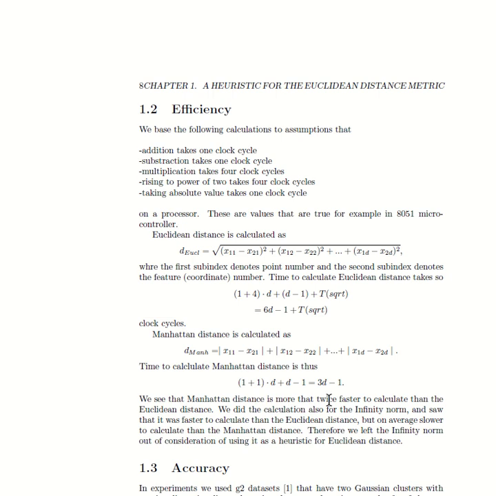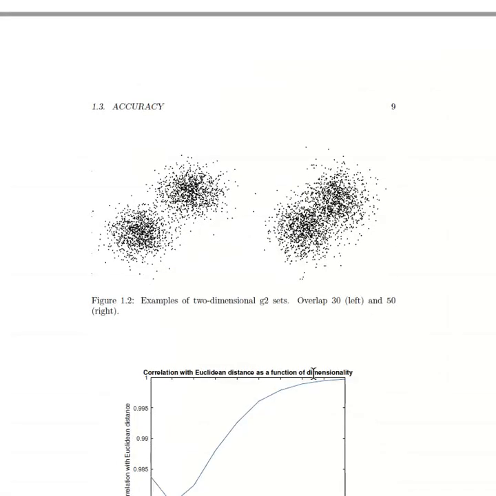So there may be some applications where we need speed, and this can be used, but we need to look at also the accuracy. We used this kind of data sets where there are 2 Gaussian clusters and the overlap is different in different data sets.